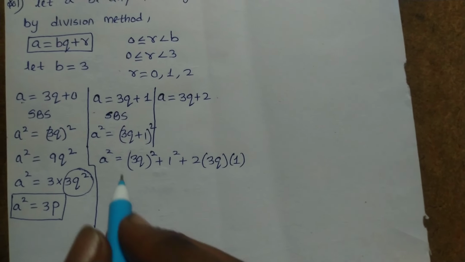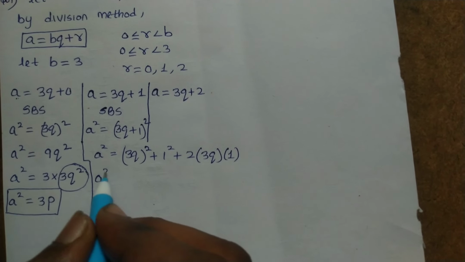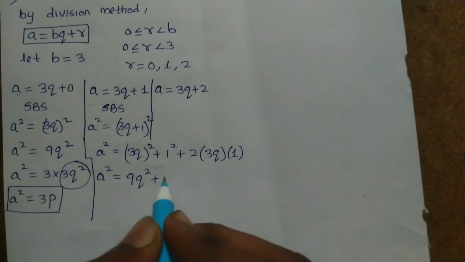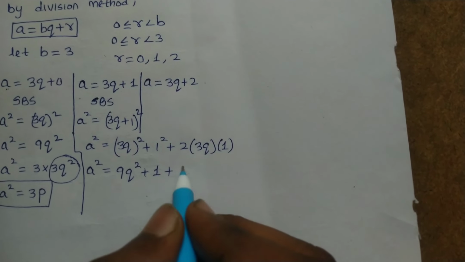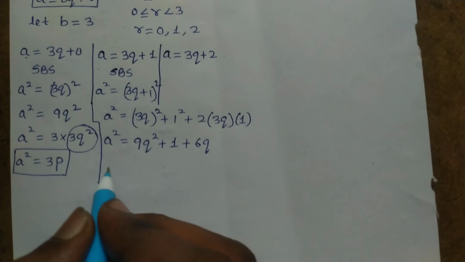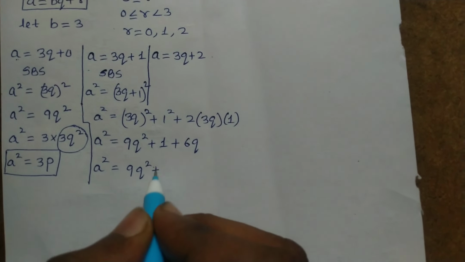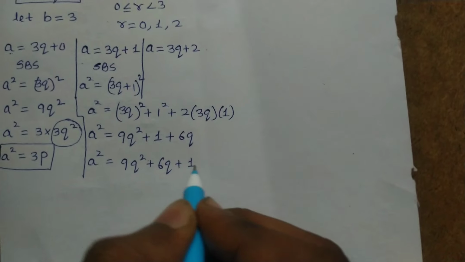So here a square is equal to 3 square, that is 9 q square, plus 1, plus 2 threes are 6q. So a square is equal to 9q square plus 6q plus 1.